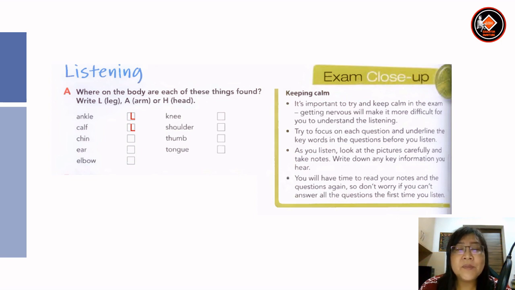Calf, it is also part of the leg, L. Chin, chin is H, it is part of the head. And ear, it is also part of the head. Elbow is part of the arm. Knee is part of the leg. Shoulder, arm, thumb, arm, and tongue is head.